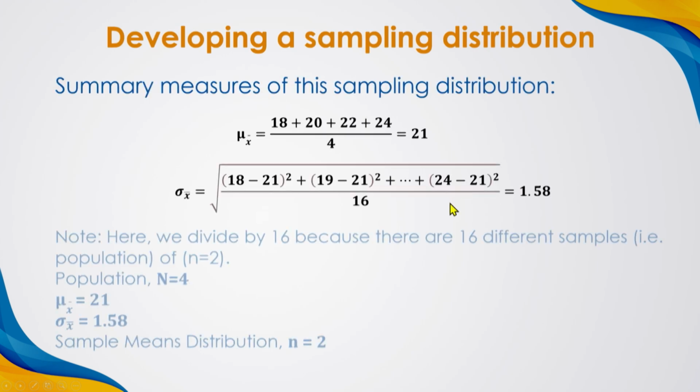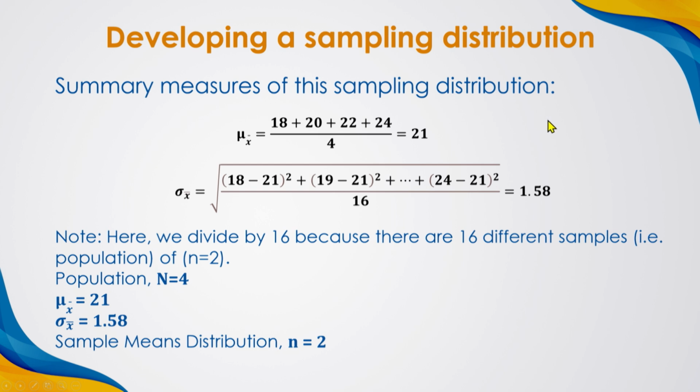Developing a sampling distribution. Summary measures of the sampling distribution: mu x bar is equal to 21 and sigma x bar is equal to 1.58. Here we divide by 16 because there are 16 different samples with sample size n equal to 2, population N equal to 4, mu x bar is equal to 21 and sigma x bar is equal to 1.58.